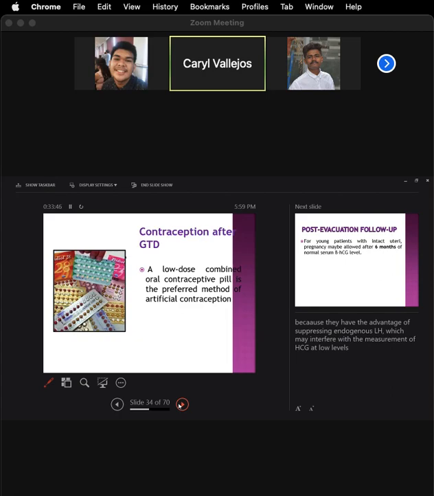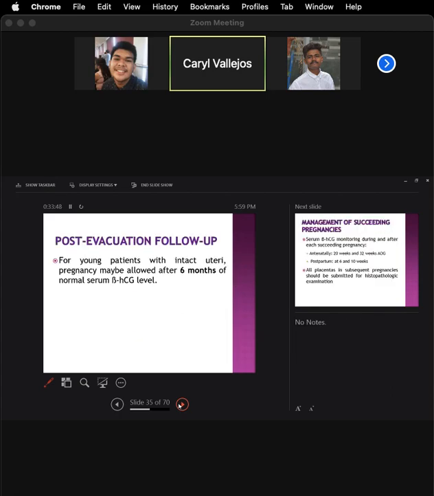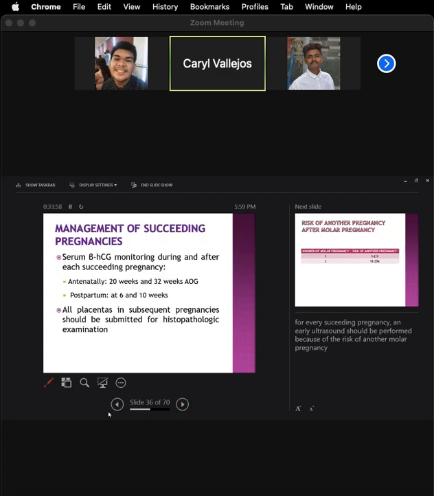For young patients with an intact uterus, pregnancy may be allowed after 6 months of normal serum beta hCG levels. When the patient gets pregnant, antenatally you would ask for a beta hCG at 20 weeks and 32 weeks, and postpartum at 6 weeks and 10 weeks.